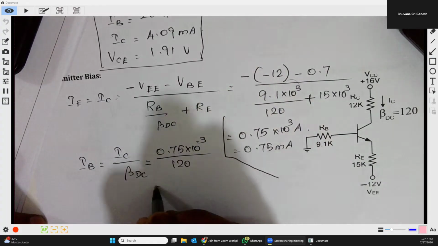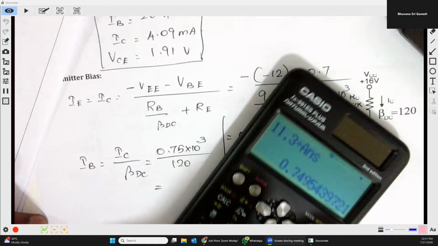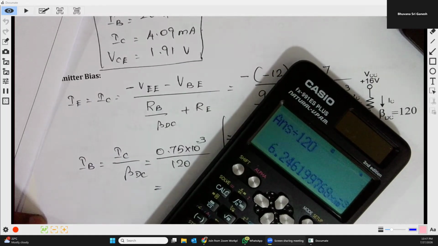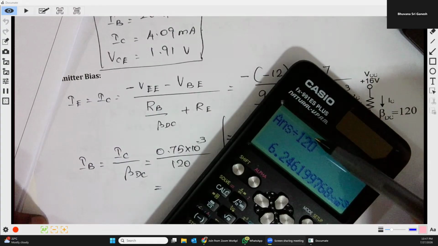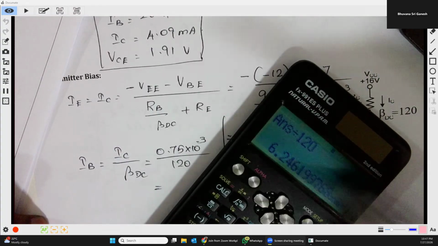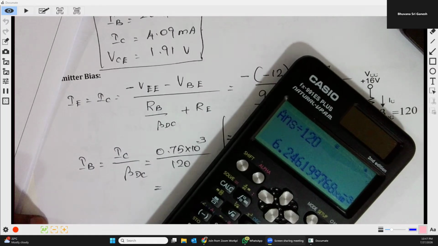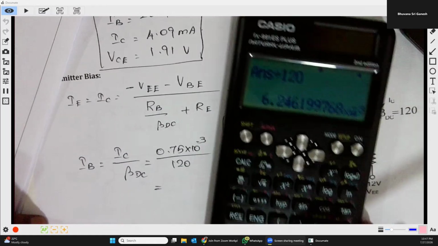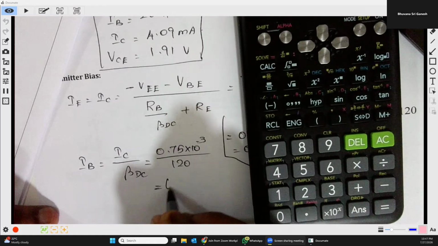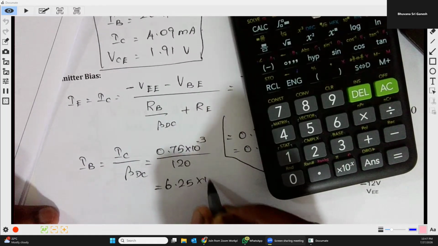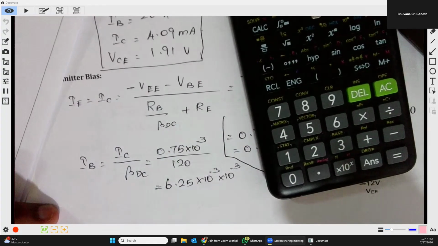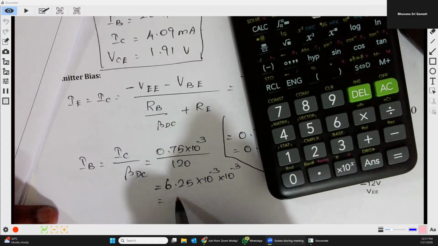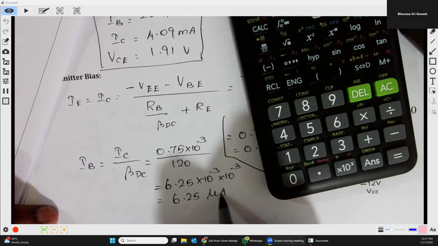This is 0.75 divided by 120 equals 6.25, corrected to 2 decimal places, 6.25 times 10 power minus 3 from this division, and another 10 power minus 3 already existing, so 6.25 times 10 power minus 6 we can write it as, right? So 6.25 microamperes. This is IB.